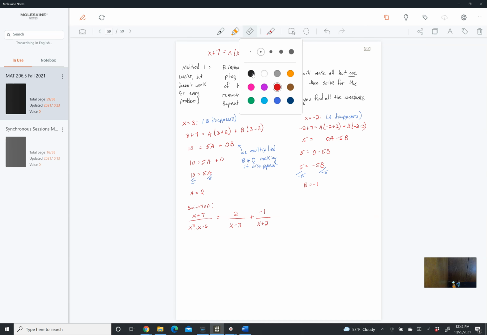Another way of writing this so that we don't have a plus -1 is as a difference of fractions. And this is how we would write the solution.